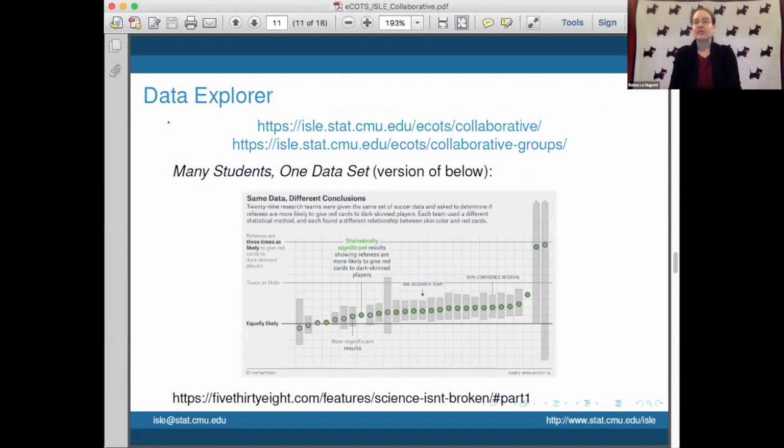Okay, so at this point, what we'd like you to do is, if you do not want to create an ISLE account, you can go to the first URL that's on that sheet, isle.stat.cmu.edu/ecots/collaborative. And if you would like to see some of the group functionality, then you would go to the second one, which will require you to have made an ISLE account.